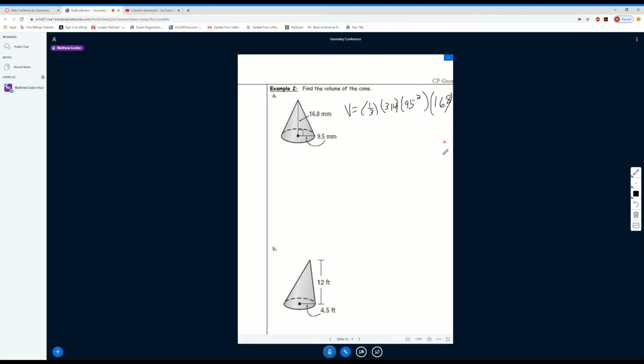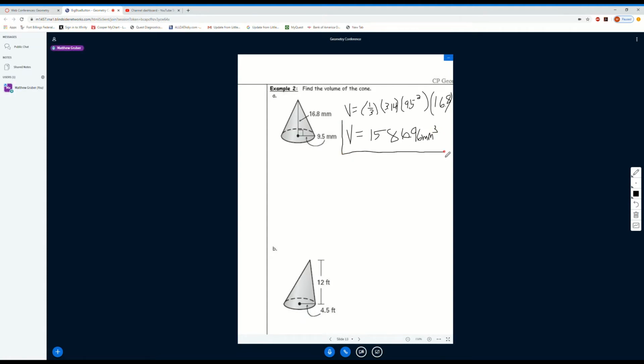It is now a calculator problem. Just type this in your calculator. Make sure you square the 9.5 first, then multiply by everything else. So the volume will be 1,586.96, and now it's volume, so our units need to be cubed.